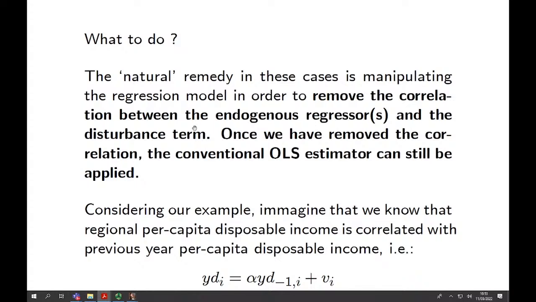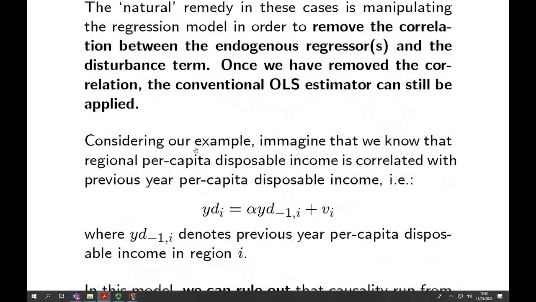One possible solution to the problem: imagine that we know that the regional per capita disposable income is correlated with the previous year's per capita disposable income. That is, imagine that disposable income in region i is alpha times disposable income in region i in the previous year, plus an error term.